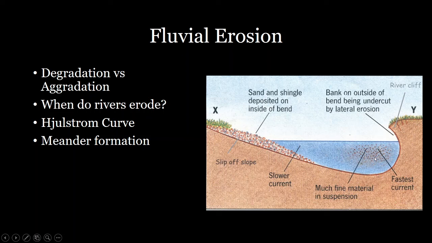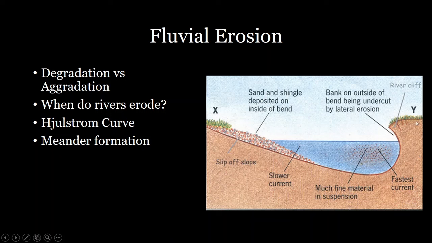And this is because as you have erosion occurring on the outside of the curve, you have sediment that's getting eroded here. And because you have the slower flow here, that sediment gets deposited in that slower current, and you have the stream moving in the direction of the outside of the curve.